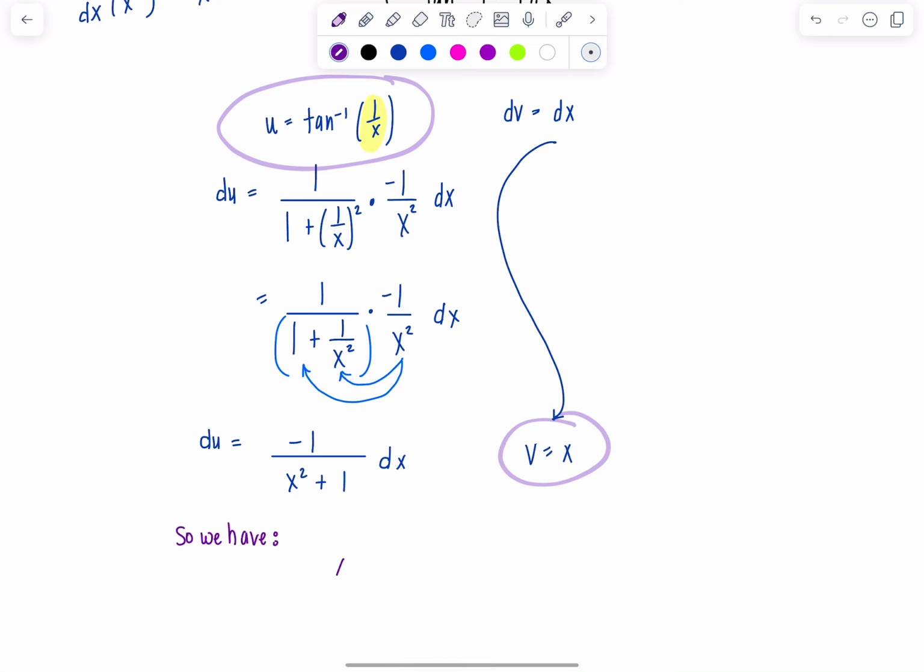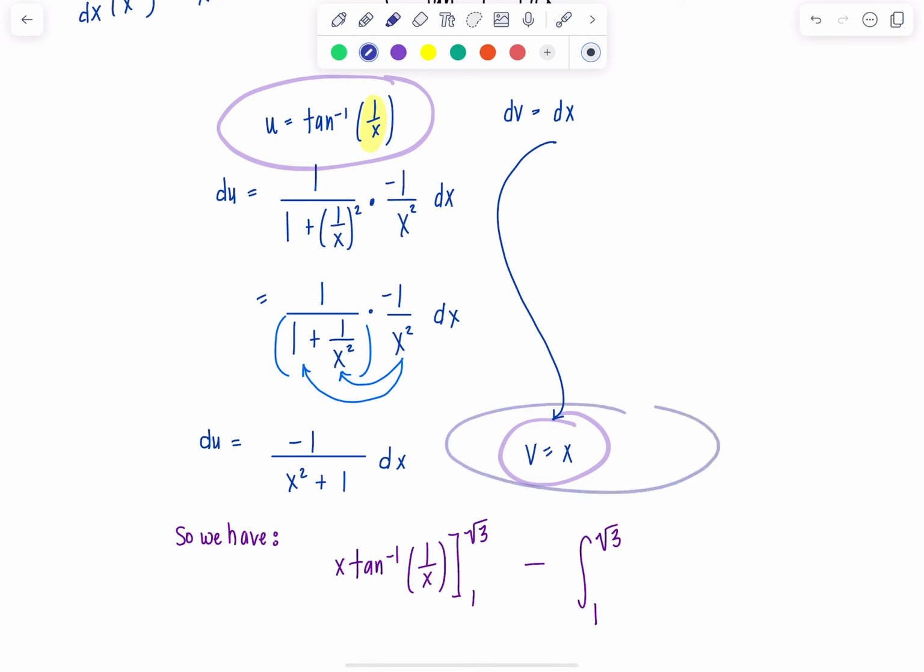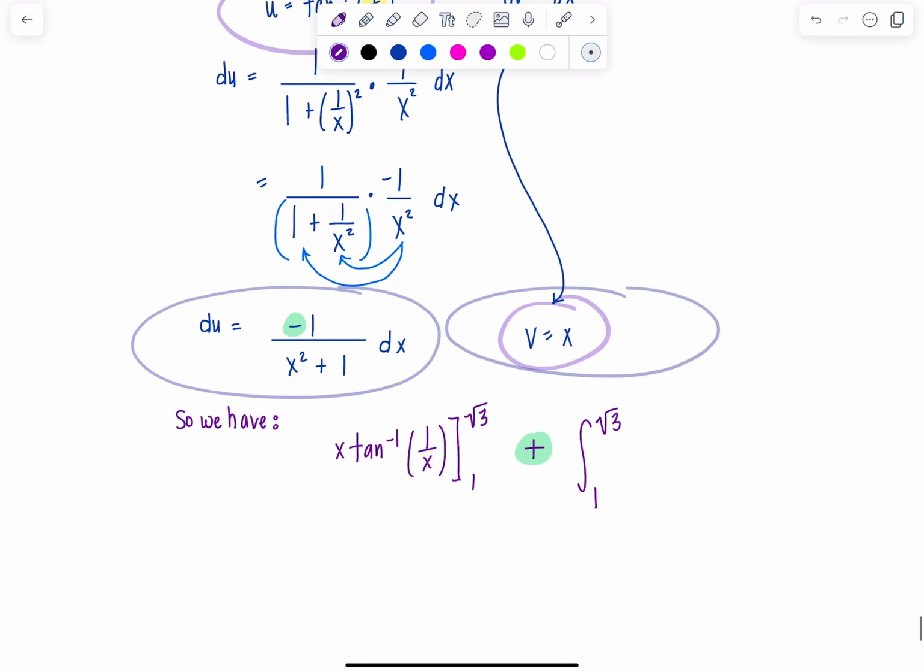So we have x tan inverse of 1 over x, and then make sure you indicate this has to get evaluated from 1 to radical 3, minus the integral also from 1 to radical 3 of v times du. Notice I already have a minus sign here, so that's going to make this positive. And then if I multiply them, I'm going to be left with x over x squared plus 1 dx.